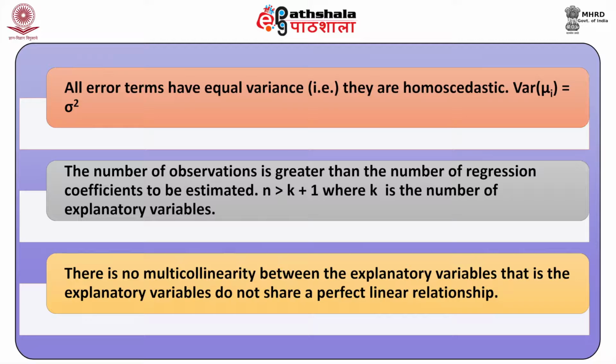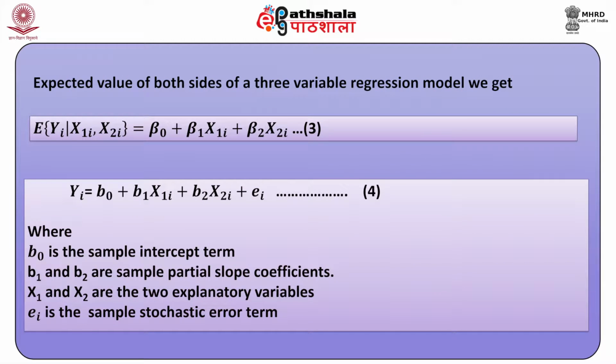There is no multicollinearity between the explanatory variables, that is, explanatory variables do not share a perfect linear relationship. Under the set of assumptions, if we take expected value of both sides of a 3-variable regression model, we get E of yi given x1i, x2i is equal to beta naught plus beta 1 x1i plus beta 2 x2i.